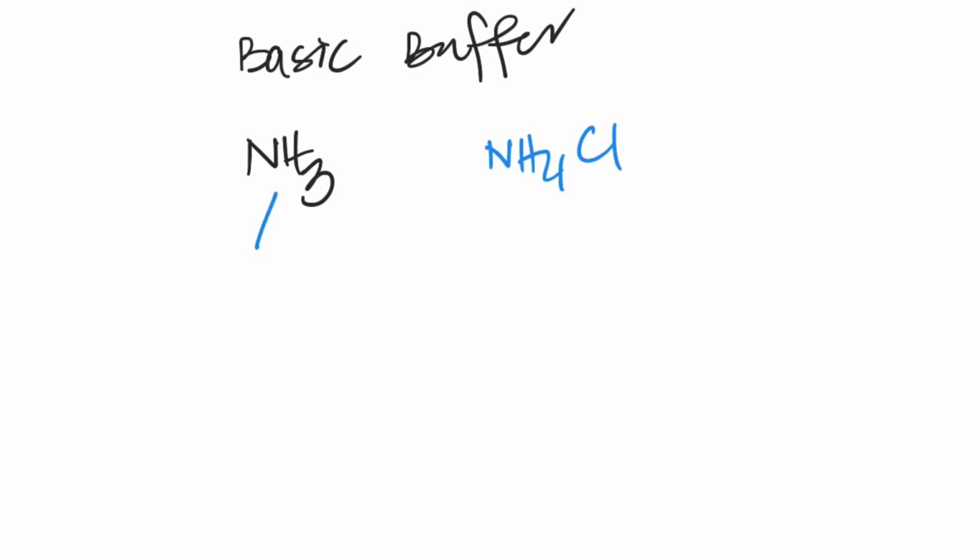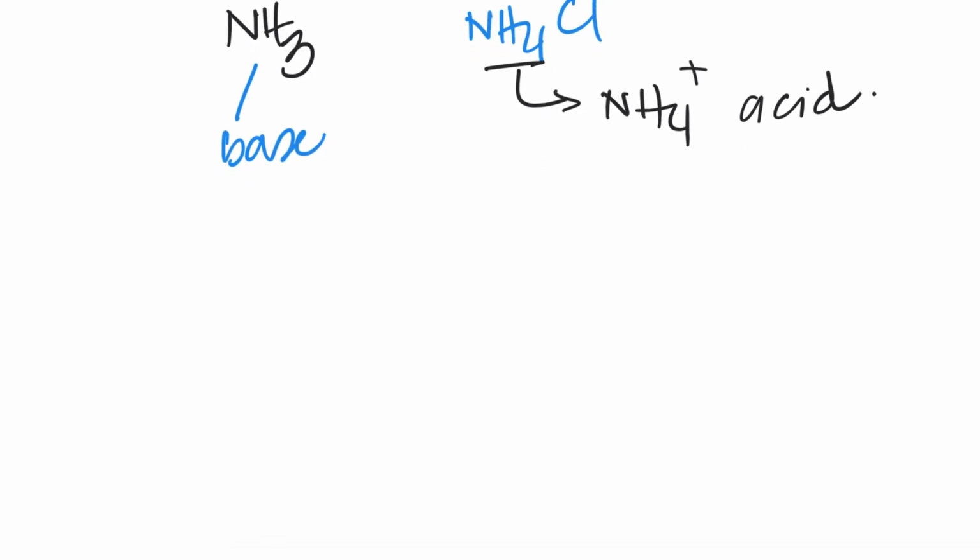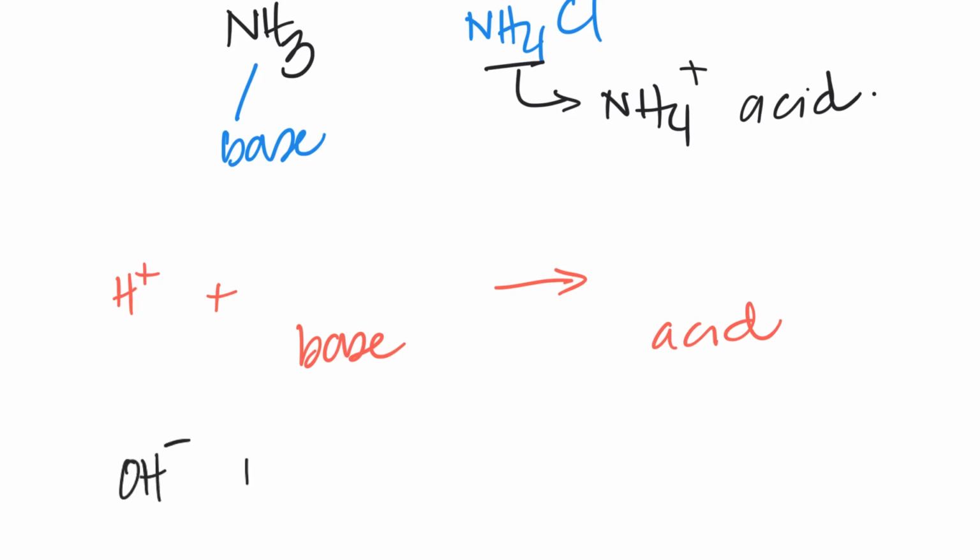Because ammonia is your base now, and NH4Cl gives you NH4 plus ions, which are your conjugate acid. And why does that help? Because now if to this system I add H plus ions externally, they will react with the base to become the acid.